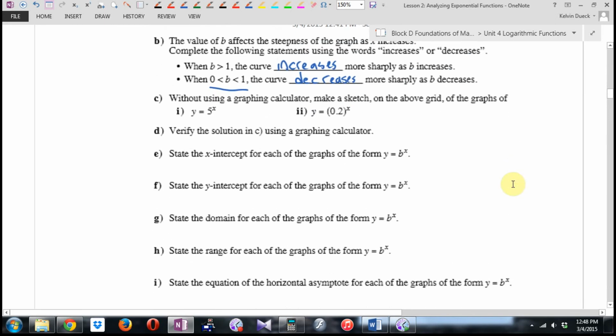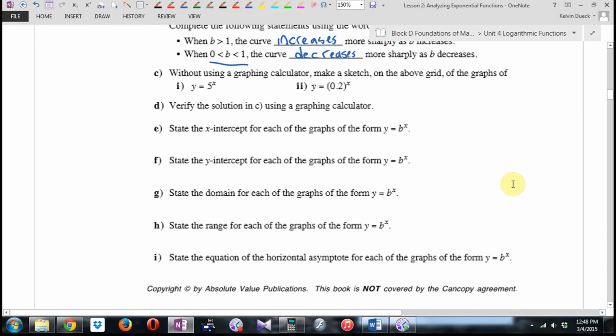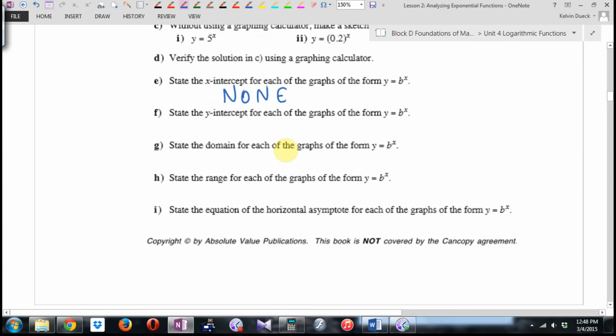So, let's generalize. Part E. What's the x-intercept for any graph that looks like this? What's the y-intercept for any graph that looks like this? When you put a 0 in, anything to the 0 power is 1.